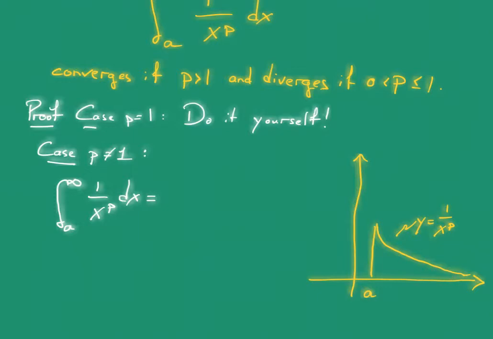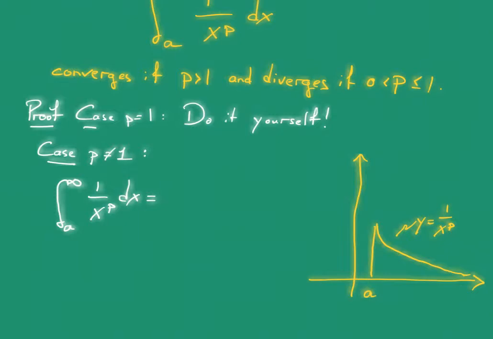And that maybe makes sense, if you like, because as p gets larger, x to the p is going to go to infinity faster. So 1 over x to the p is going to travel to 0 faster. And so the area of this region can be expected to be smaller as p increases.